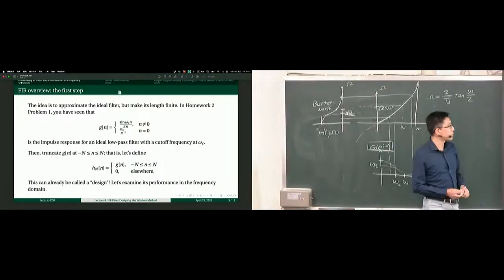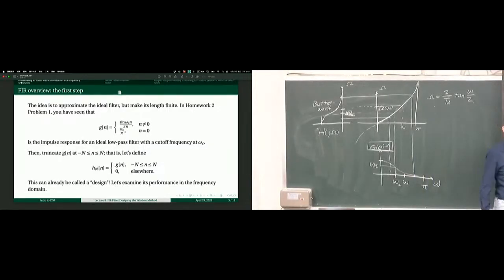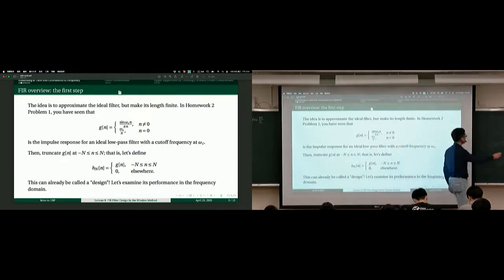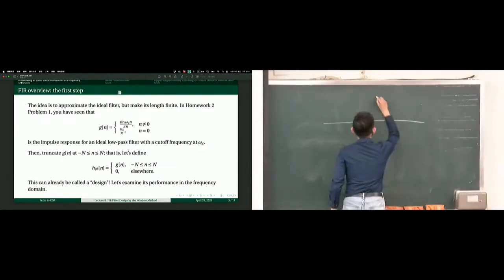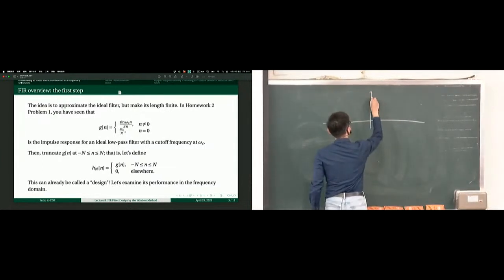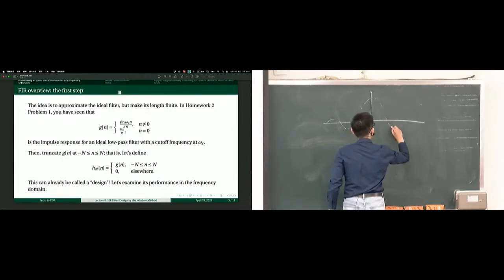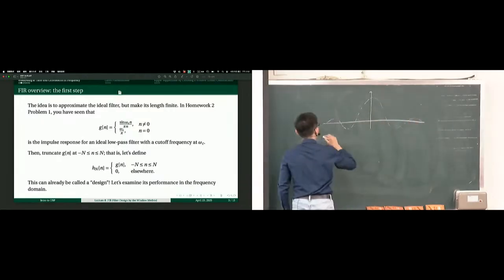First of all, this g of n is not causal, because it has a negative time part. It's symmetric around time 0 with this kind of envelope, the envelope of a sinc function.